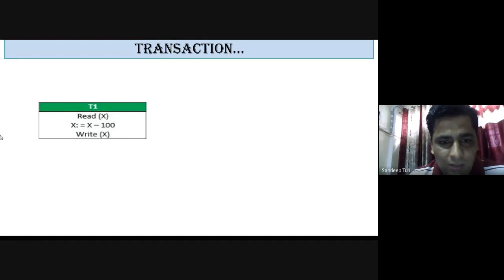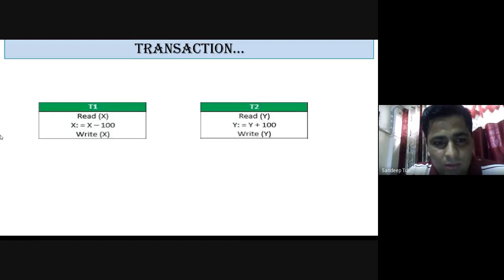Now let us look at another example, that is T2, transaction number 2, that is reading the value of Y, trying to update the value of Y, and finally writing the value of Y. So these two tables represent different transactions. It is an activity done during database access by any one of us.